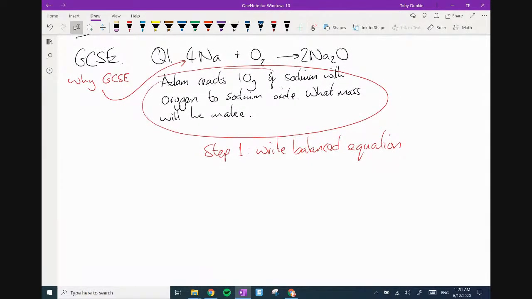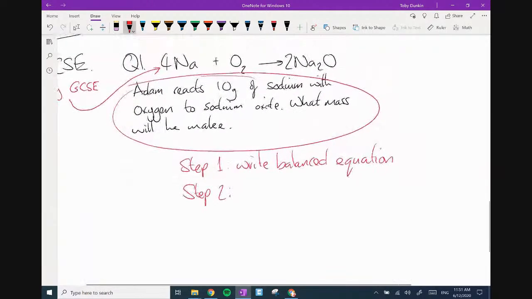So let's now run the steps for this. Step 1, write a balanced equation. Step 2, I'm just giving you these for your notes, guys. Write balanced equation. Step number 2, get to moles.